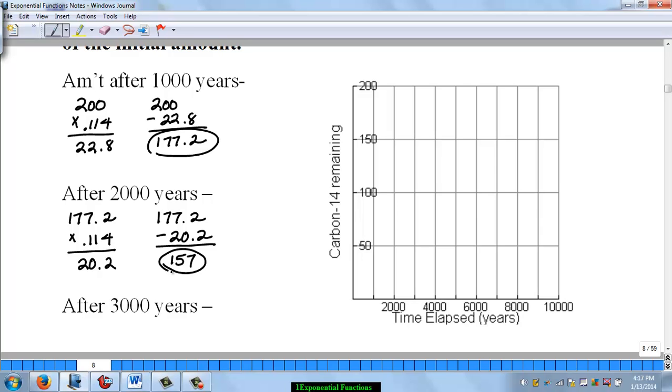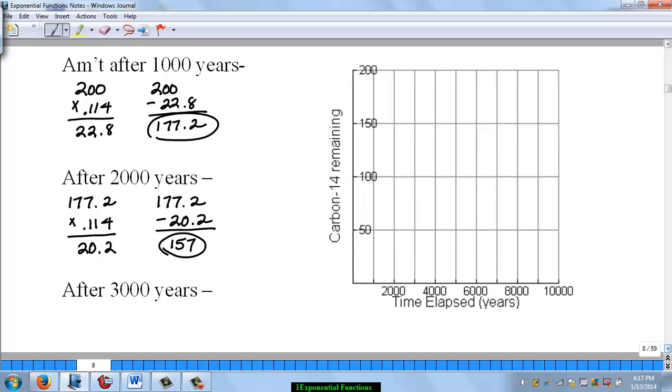Now I have that left. So the first year I start out with 200 micrograms, so that's there. The second year I'm about 177, so that's about right here. And then the second 1,000 years I'm about 157, so that's almost on that line there.